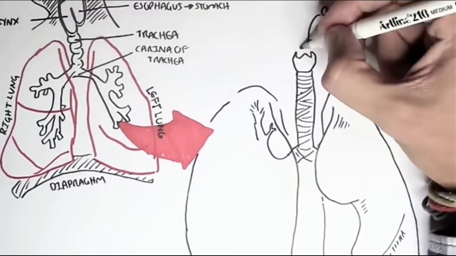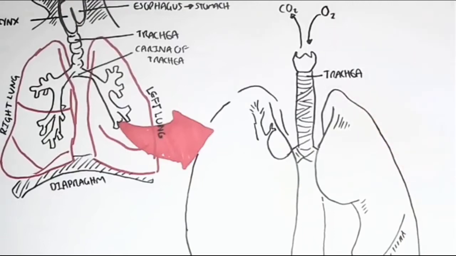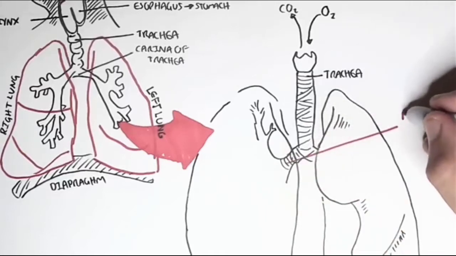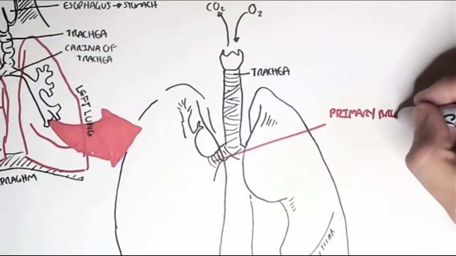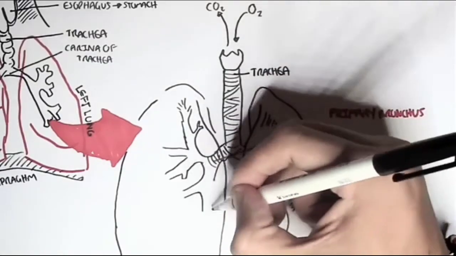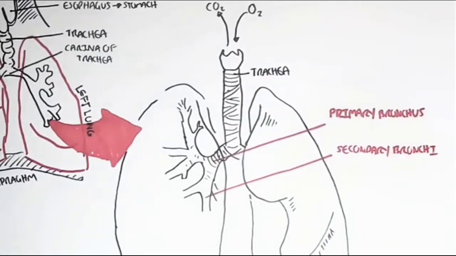Here we have the lungs. We breathe in oxygen and breathe out carbon dioxide gas. Here we have the trachea. Then the trachea divides into the primary bronchus. This portion is the primary bronchus. Then it further divides into many branches, the secondary bronchi.